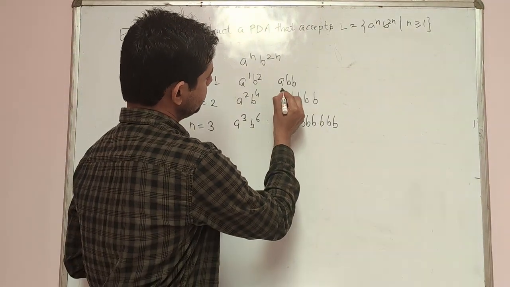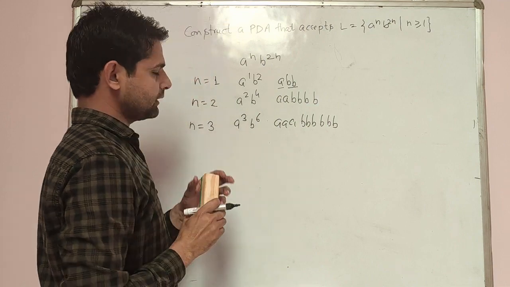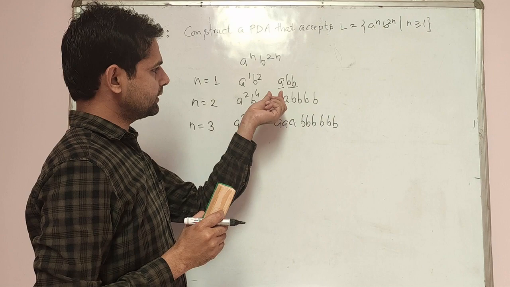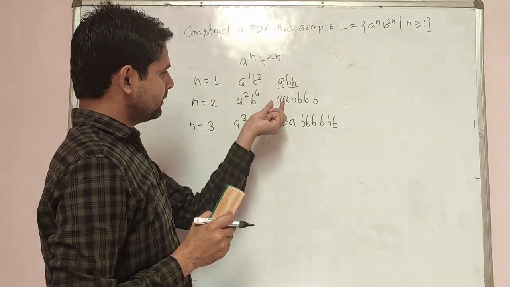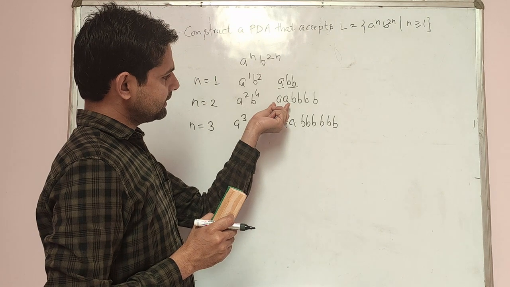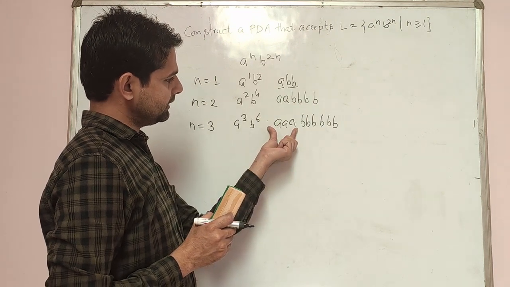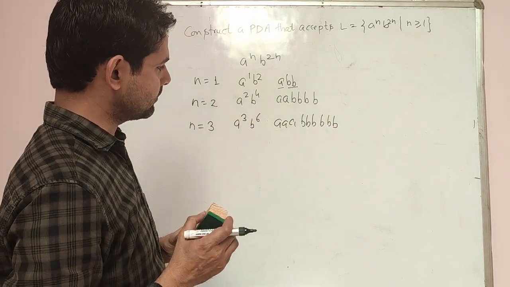In that case, if our string is abb, it is accepting a single A and double B. Another accepted string is double A, then we have 4 B's. For 3 A's we have 6 B's. What is the logic?